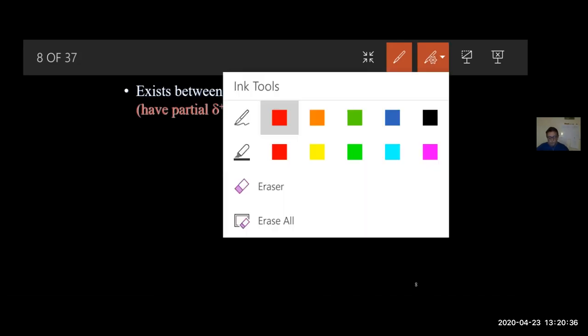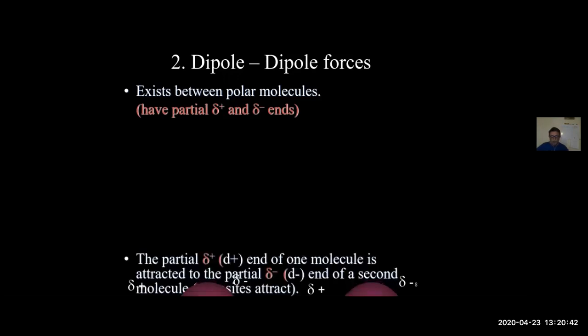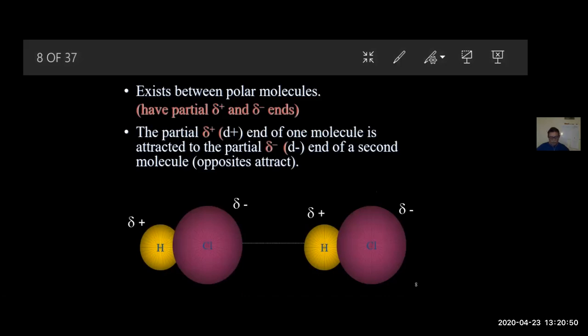So for these forces, we are dealing with polar molecules only. Essentially, they line up with each other because of the property that each molecule has. Notice in this example, the partial negative of one hydrochloric acid molecule interacts with the partial positive of another molecule, giving us this attraction.